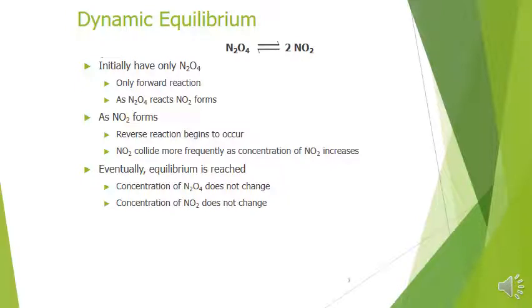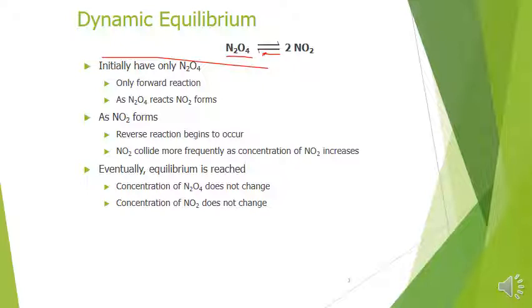Okay, so initially we have just our dinitrogen tetroxide, and the reaction is only forward when we begin it. As the reactant forms the product, the reverse reaction starts to take place.